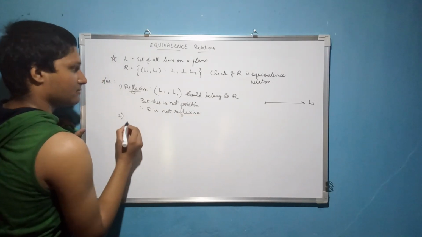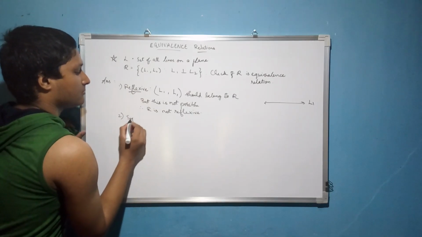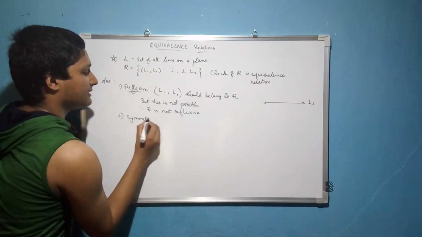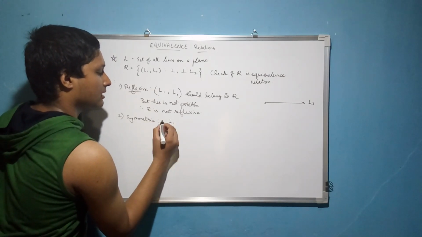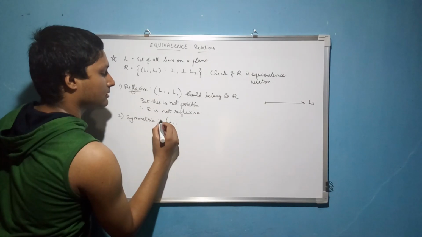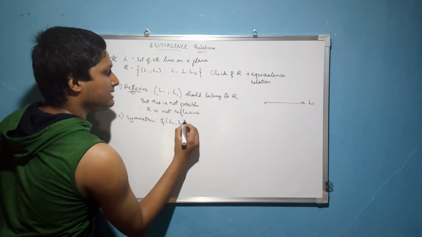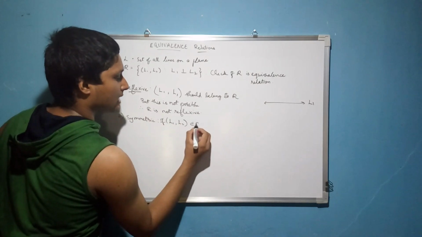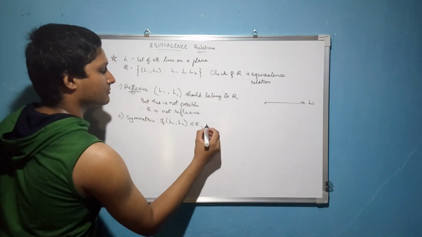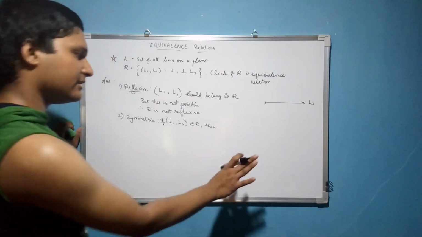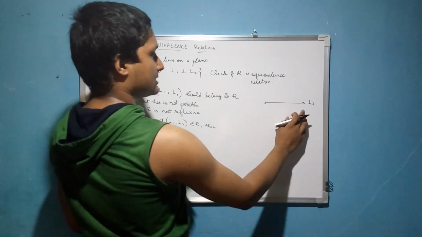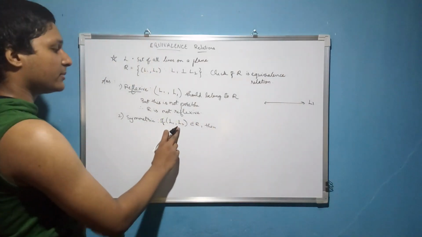The second one is symmetric. We need to find whether it is symmetric. If (L1, L2) belongs to R, then what happens? We'll check and write one simple statement. L1 is this one and L2 is perpendicular.